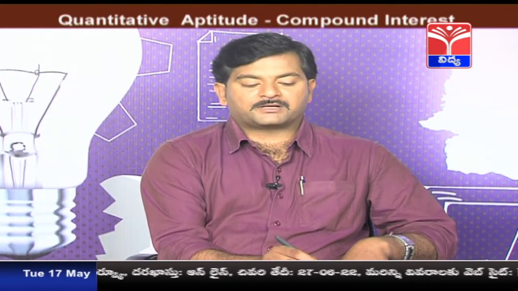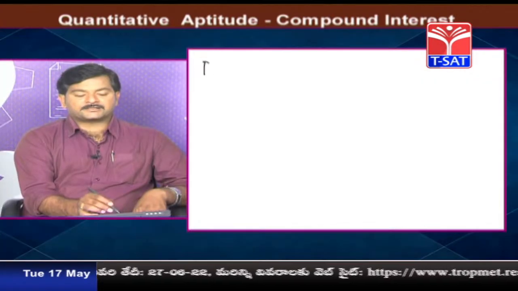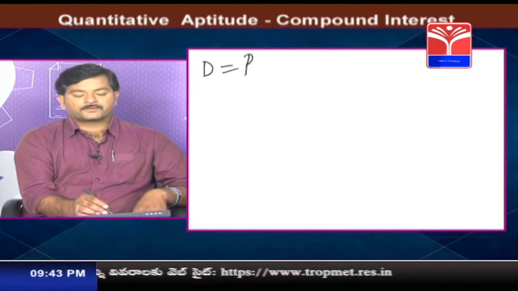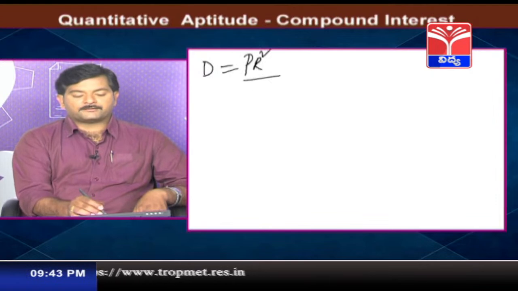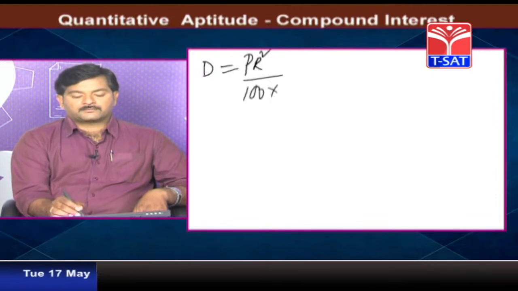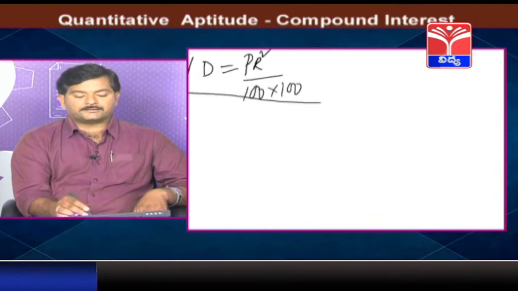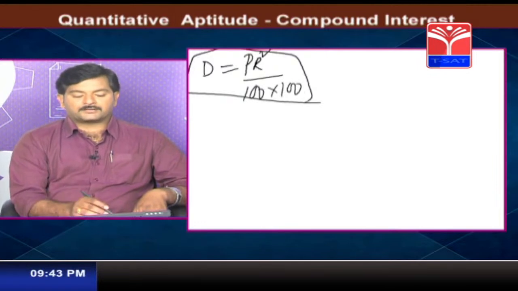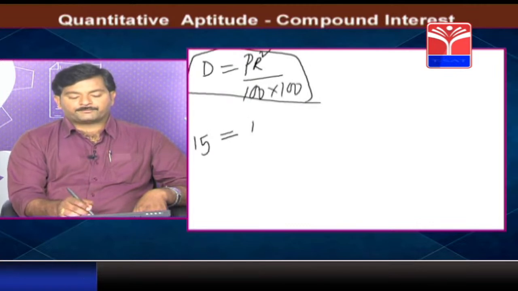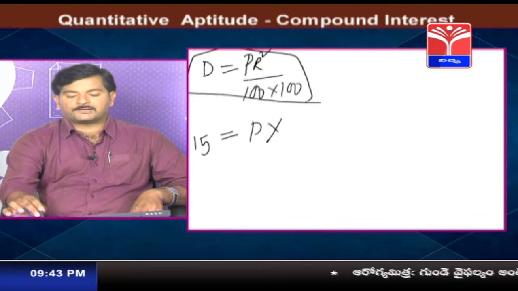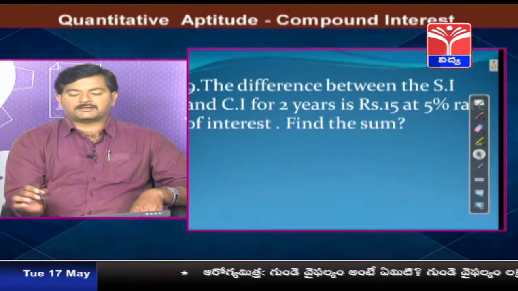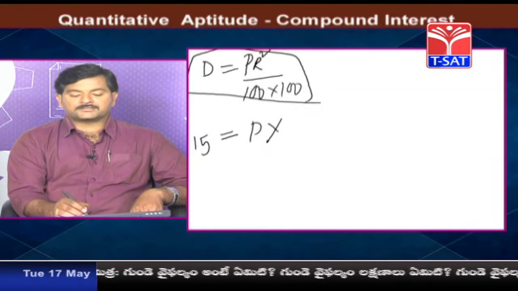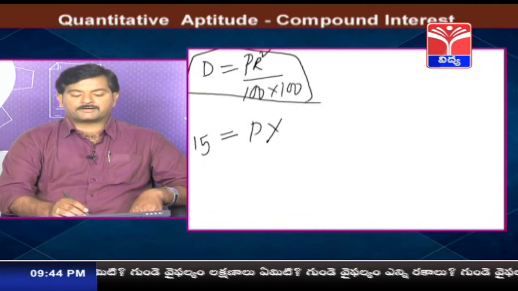The formula for 2 years is difference D equals PR square by 100 into 100. The difference is given as 15, P value we have to find, and R value is 5.